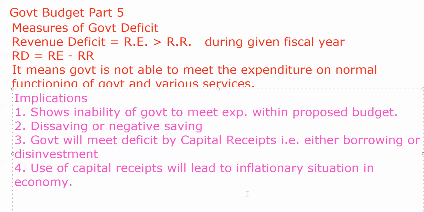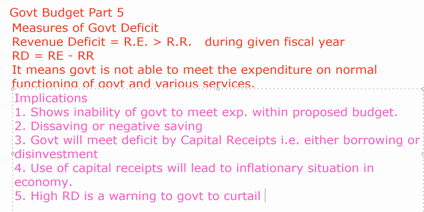Number 5, high revenue deficit, high RD. In short, I'm writing this RD. High RD is a warning signal, a warning to the government to curtail its expenditures or to increase its revenue.